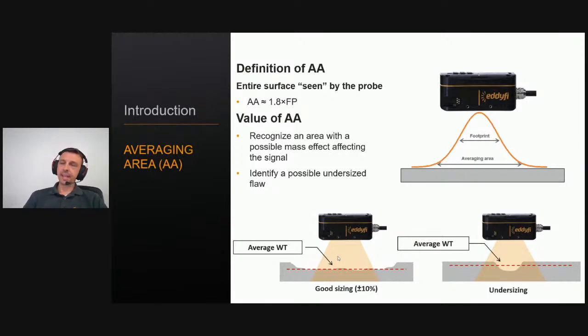On the other hand, if the defect is smaller than the averaging area, we will undersize the defect, which means that we will have the contribution of both the near nominal wall thickness and the defect in the PEC signal.